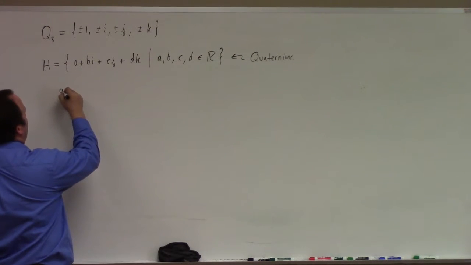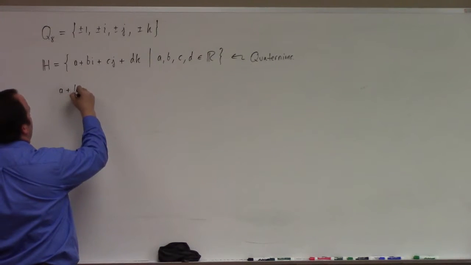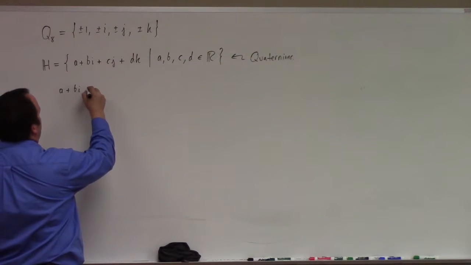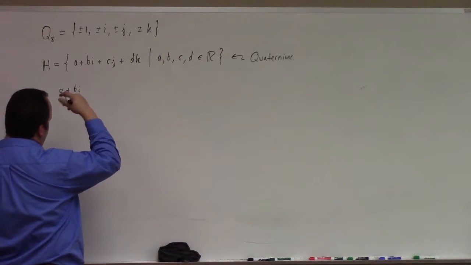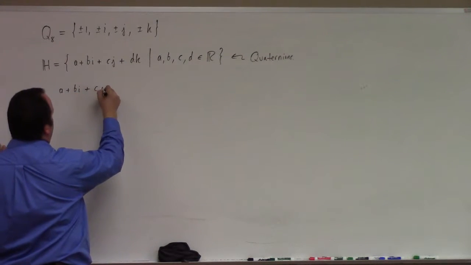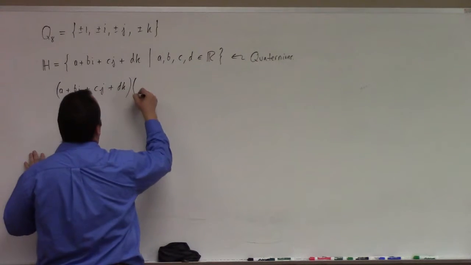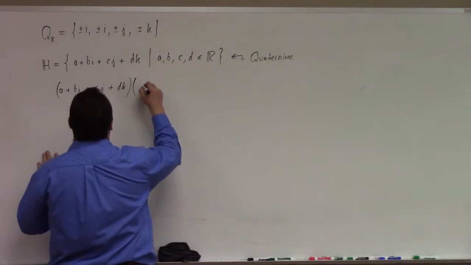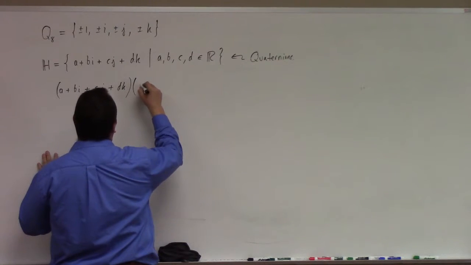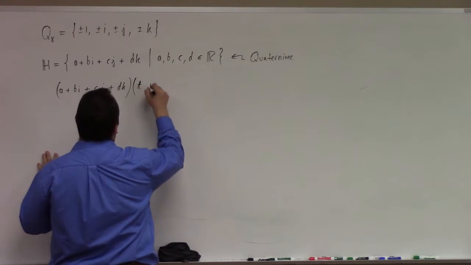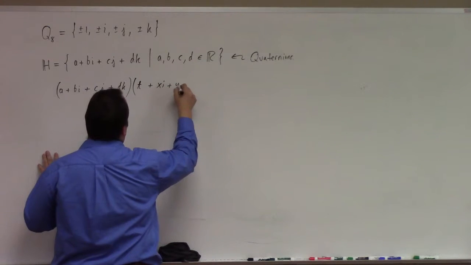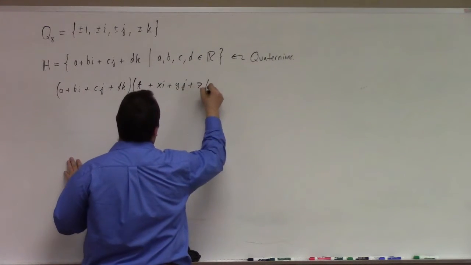So if you take a plus bi plus cj plus dk, let me just multiply it out. And if I multiply that by another one, let's say t plus xi plus yj plus zk, what happens?